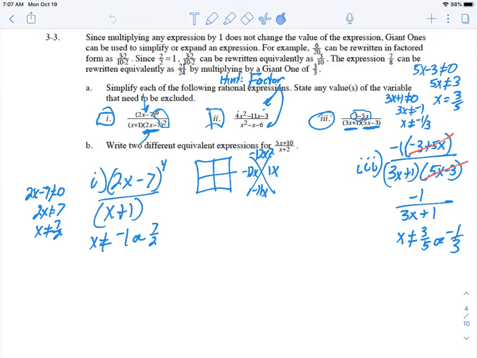So I'm going to put a 4x squared in this box and a -3 down here, a -12x and 1x. This looks like 4x. This will be x, and over here 1, and a -3 down here. So the numerator factors into 4x plus 1 times x minus 3.